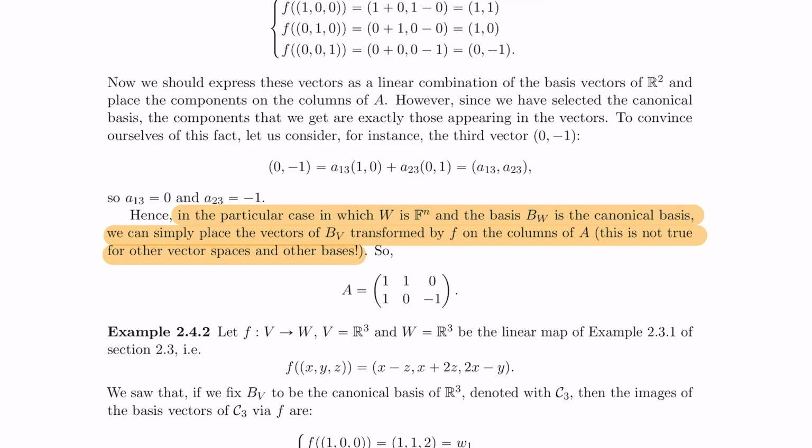Okay, these two examples allowed us to warm up. Now let's move on to more complex cases.